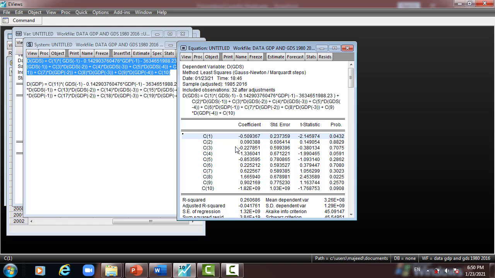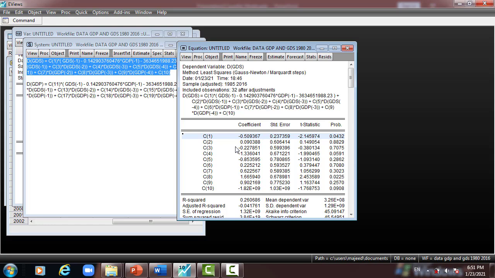What about short run causality from GDP to GDS? We can also check. To check short run causality, we use the chi-square value of the Wald statistic.